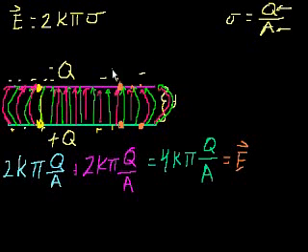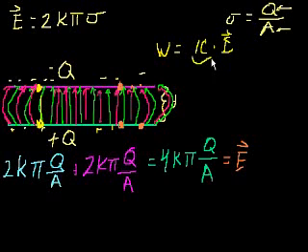Let me write that down. So the work necessary to move a charge from there to there, let's say a 1 coulomb charge, will be 1 coulomb times the electric field. Because we're always going to have to be going against the electric field, so we have to apply an equal and opposite force. So the force is going to be the electric field. So far this just generates us force. Coulomb times electric field, charge times electric field, tells us the force on the charge.